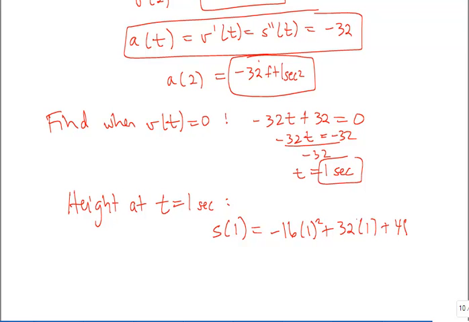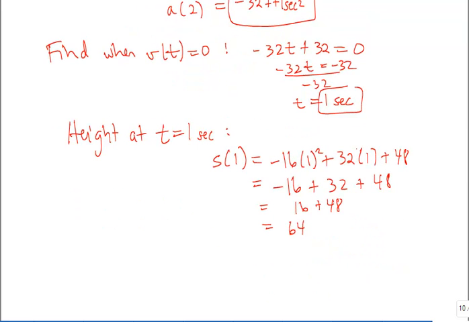So I'm just plugging in 1 for that t. And 1 squared is 1 times negative 16 stays negative 16. So we get negative 16 plus 32 plus 48, which is 64. And remember, this is a height, so my units should be 64 feet. So that's your maximum height reached by your object.